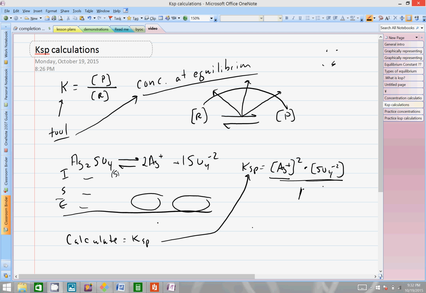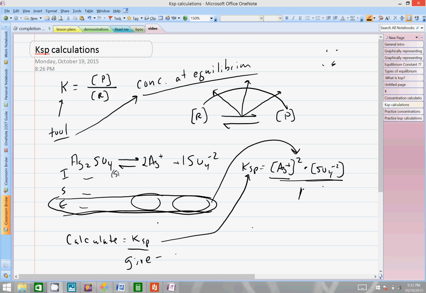So you need everything that's on the equilibrium line, you plug all of those into this expression, and complete the expression to find KSP. But if they want you to calculate KSP, they usually have to give you something.